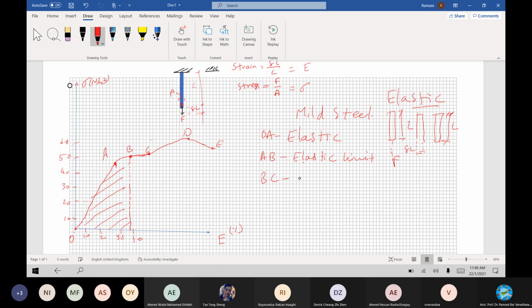And B to C, plastic behavior, is beyond B up to C. It will start deforming, meaning a light crack, or it will indicate it's going to break, or a kind of small shear will be happening. That is what is happening here.